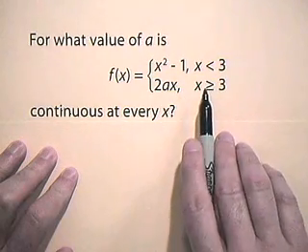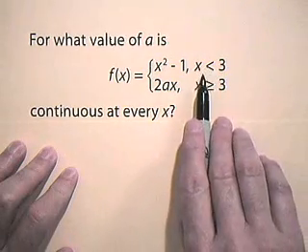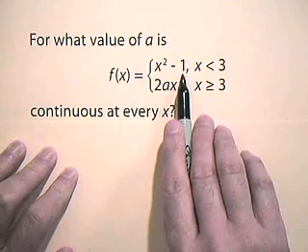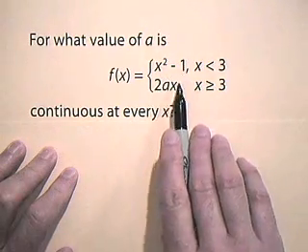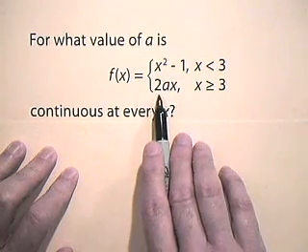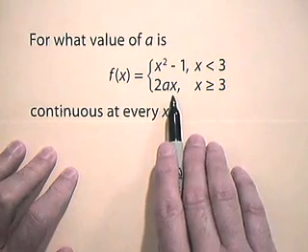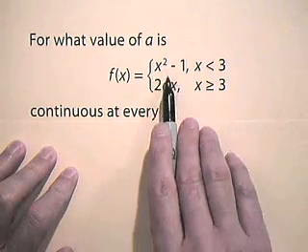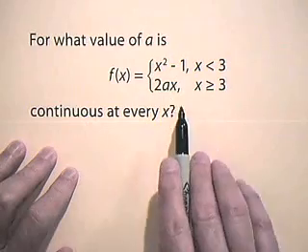For instance, if I were to take a point less than 3 on the real line, then as the expression x squared minus 1 is continuous on the whole real line, it would be continuous at that point. If I take a point x greater than 3, the expression 2ax is continuous on the whole line, so it would be continuous at that point. Since the function is given by either one of these expressions, for x not equal to 3, it's continuous.